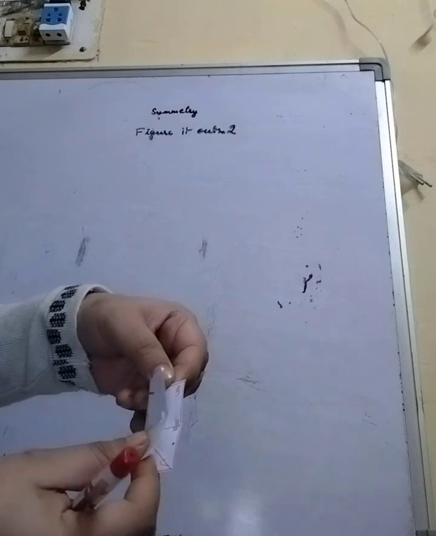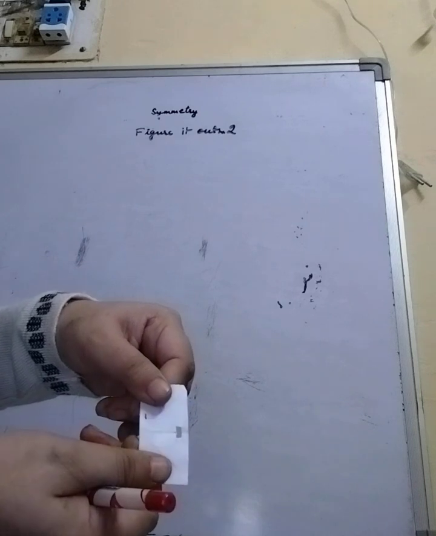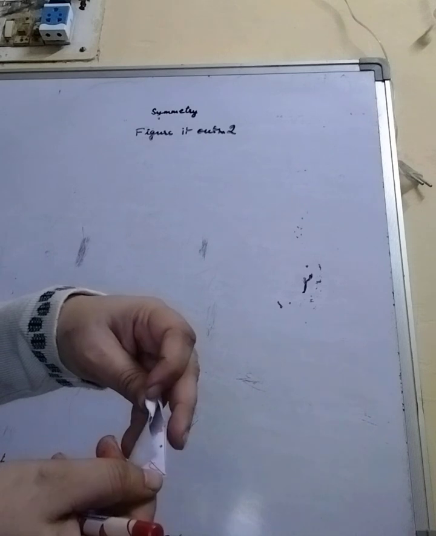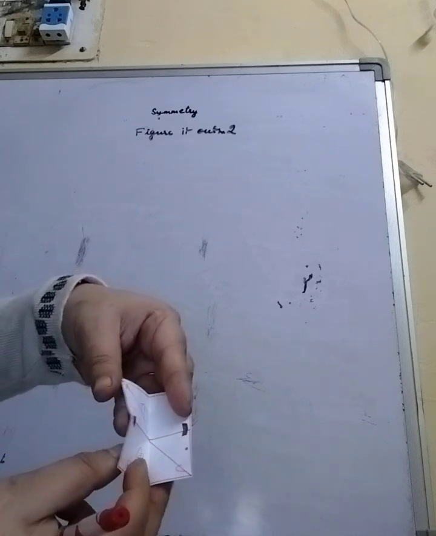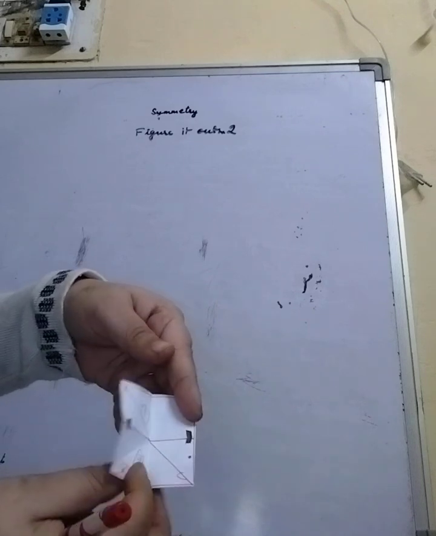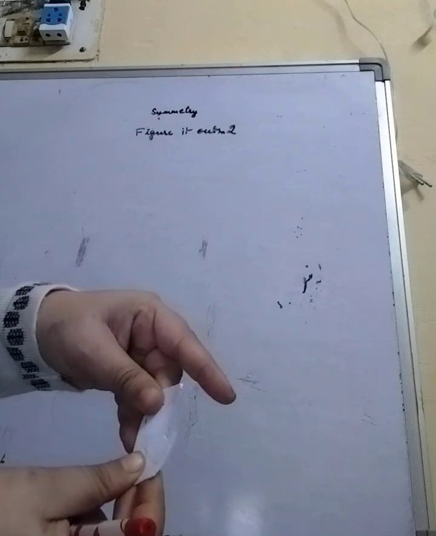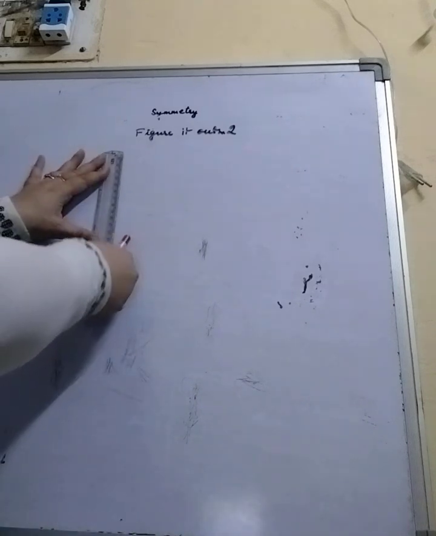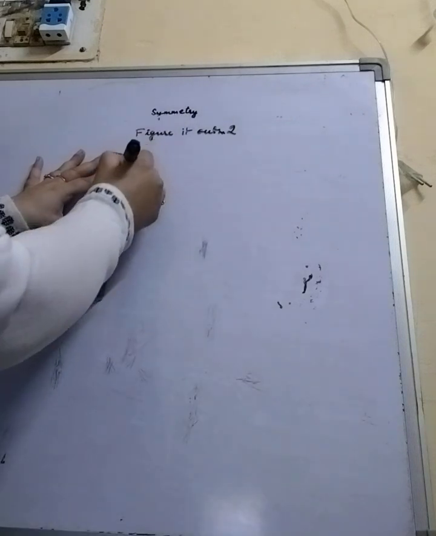So if I fold it vertically, then one cut would overlap the other cut. That means what is the line of symmetry, or along what line has the paper been folded? It is folded along the vertical direction. So you would say that the first figure is like this.